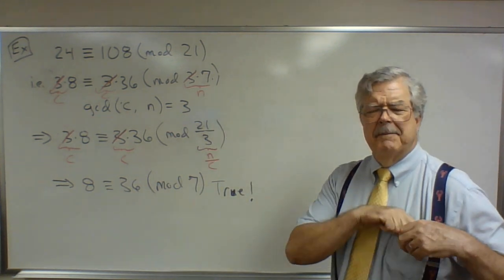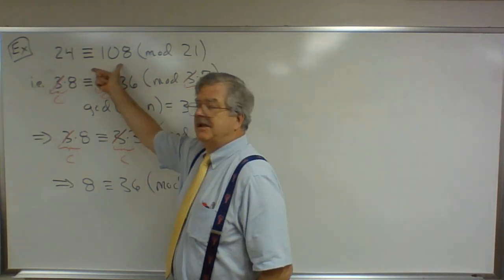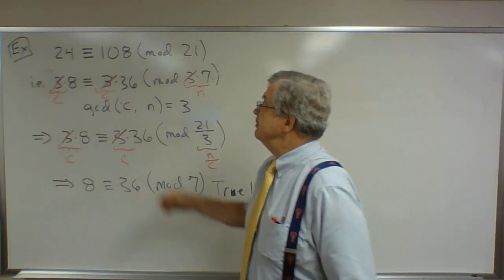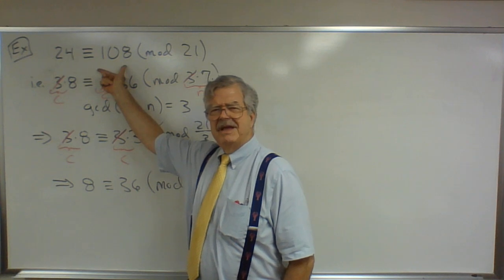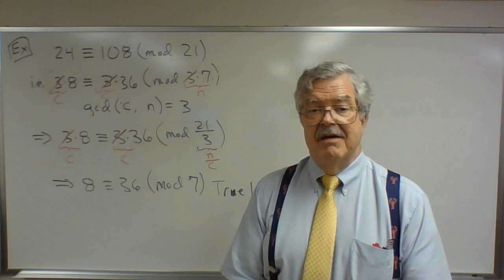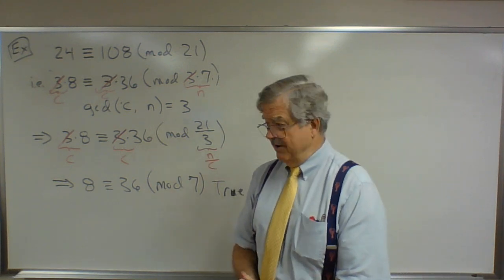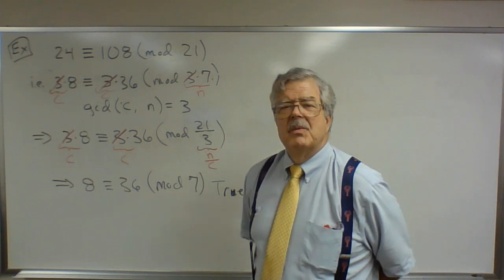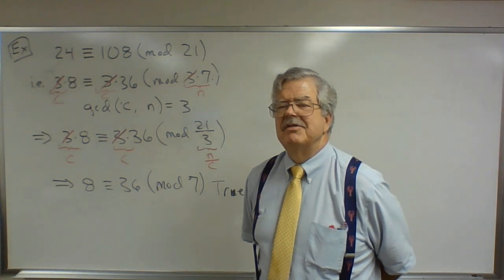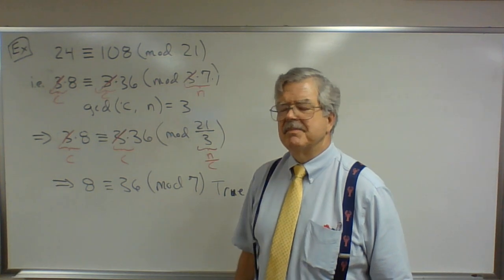Now, why do we care? Well, in a situation like this, we really don't care, because this is a congruence that doesn't contain any variables. But if we have a congruence that does contain a variable or more than one variable, we want to know if we can cancel or not, just so that we can find the solutions to the original congruence.